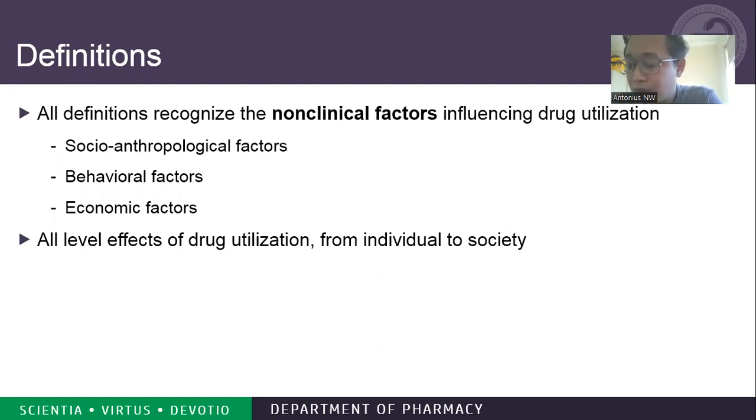So the drug utilization review may explore the medicines use from individual to populations. So we have a big picture of how a particular drug is used in our society.